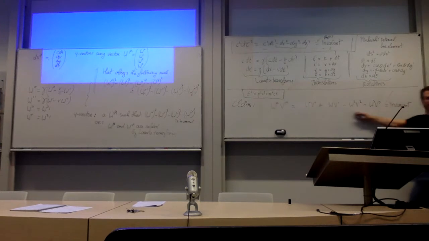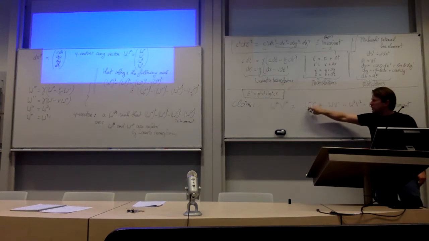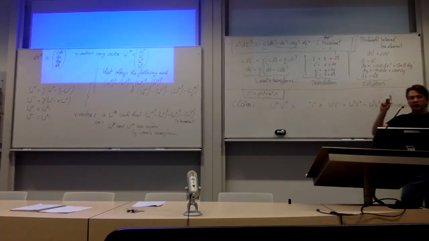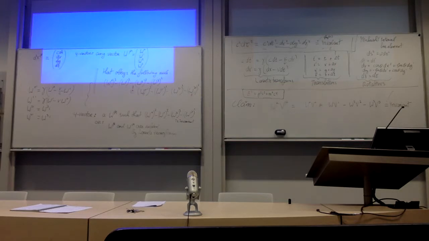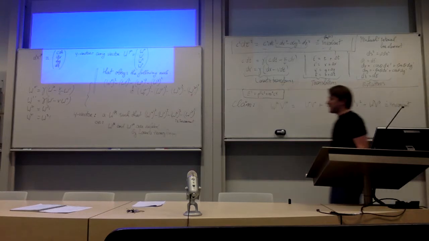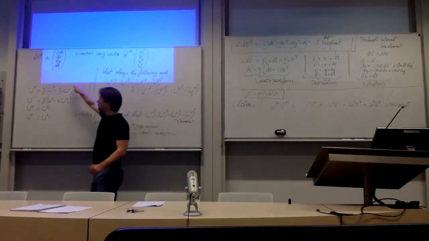This one? Yeah. Well, we do know how the W's and the V's themselves transform, don't we? Given that they are 4 vectors. And by definition, a 4 vector transforms like this.